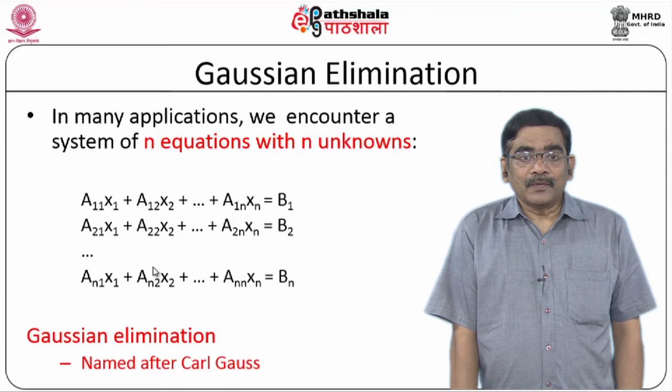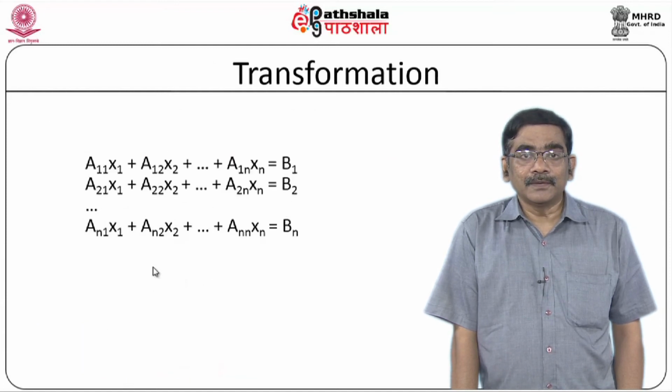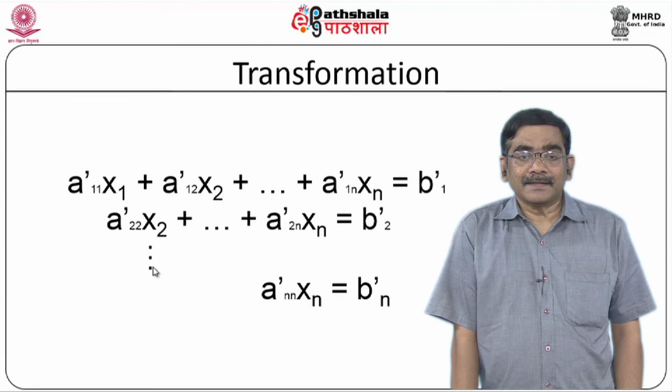So, what is this method going to be? The method that is named after Karl Gauss does something like this. It takes the n linear equations and attempts to eliminate A21, A31, up to AN1. The transformation is going to be something like this.